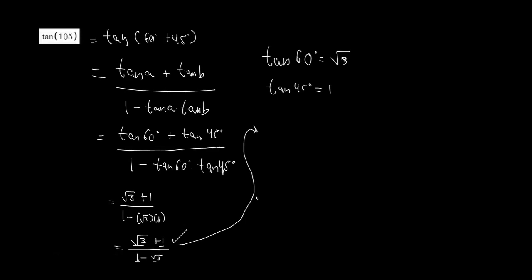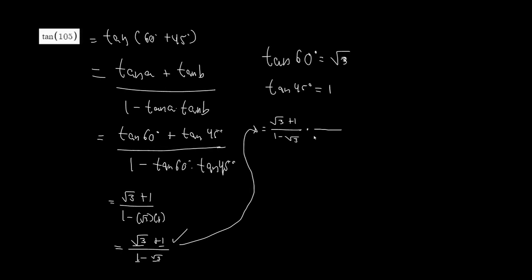We're going to simplify by rationalizing. How do you rationalize? We're going to do this one, square root of 3 plus 1 over 1 minus square root of 3. What to do here? We're going to multiply the numerator and the denominator by its own denominator, it's just that we need to change the operation.